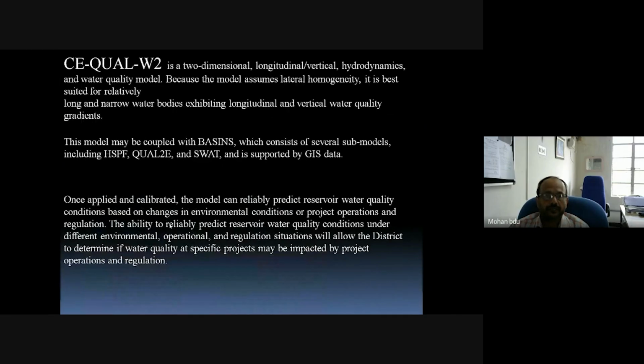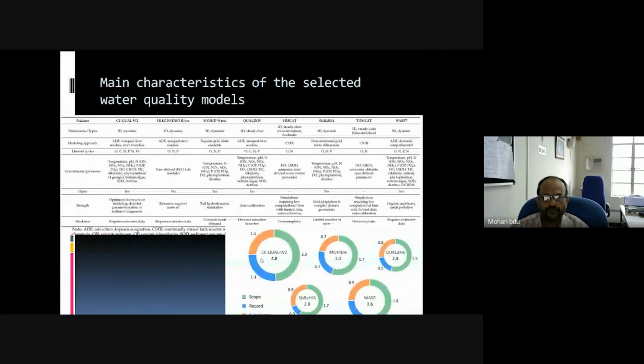So the CE-QUAL-W2 is a two-dimensional model. It is horizontal and vertical. It is best suited for relatively shallow, long, and narrow water bodies. So depending upon the water body, you can choose the models. So this is another picture which shows which model is being widely used and the scope.